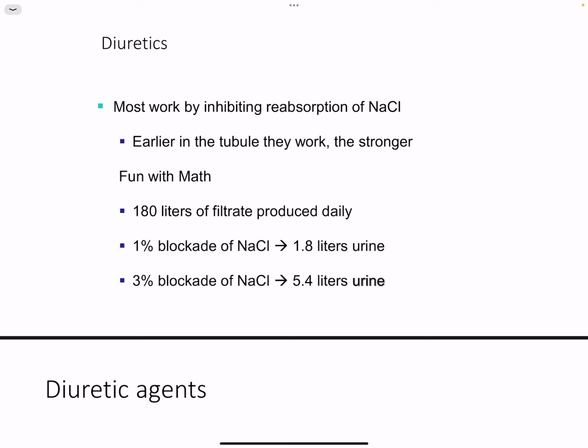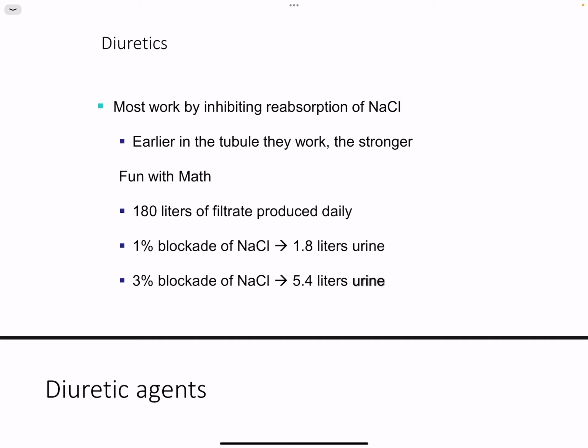Okay? But where do we use diuretics? The question is, where do we use diuretics? Is there any criteria? Is there any parameter by which we should use diuretics? One of the parameters that you have already discussed in chemistry and physiology is called eGFR or GFR.